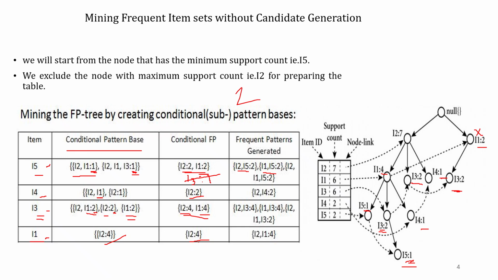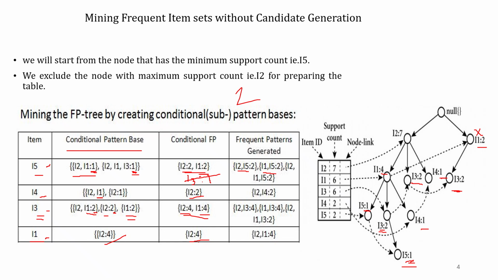So now see here whether this is correct or not, whether the support counts are correct or not. Now let's see here. Look into this. You have I2, I5 is 2. So let us see I2 to I5. I2 to I5 you have here. Okay.